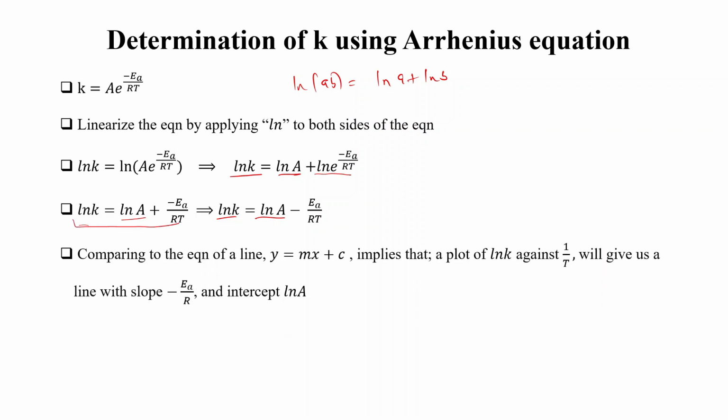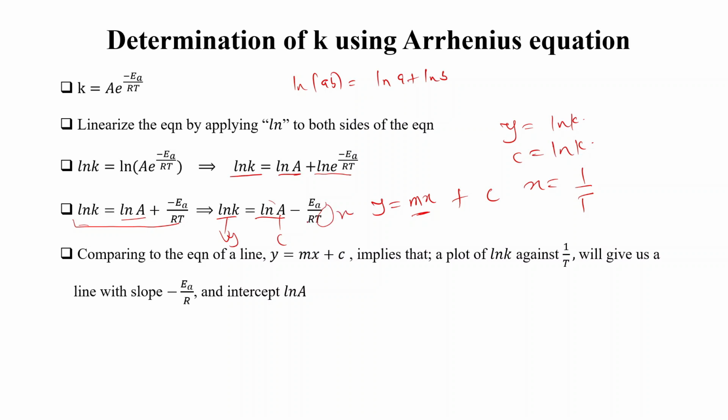When you compare this to the equation of a line, which is y equals mx plus c, our y will actually be our ln K. And then we have m times x plus c, and this is standing alone. So we see our c is our ln A. Because we are going to perform the experiment at different temperatures, which is varying the x, our x will be equal to 1 over T. So we have y being this, c being this, 1 over T being x.